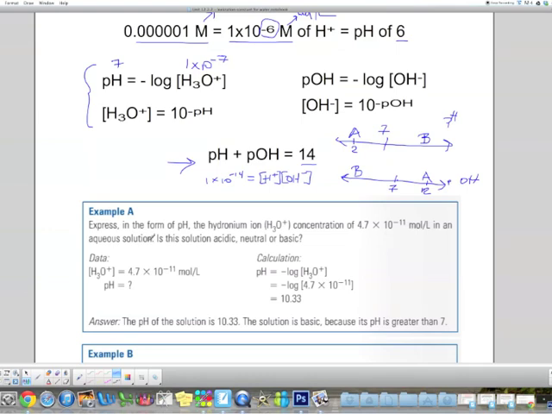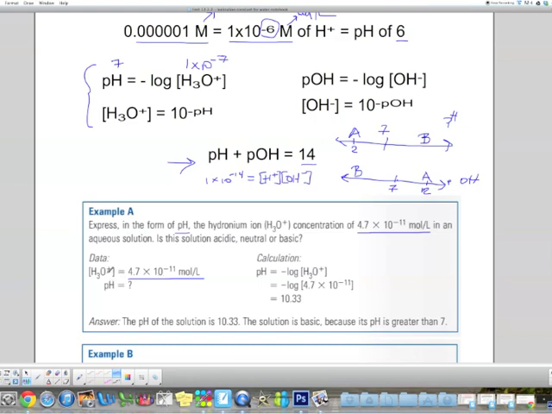Okay, so example A. Express in the form of pH the hydronium ion, H3O plus, concentration of this concentration in an aqueous solution. Is this acidic, neutral, or basic? So they're giving you the concentration of H3O plus, which they recopied over here, and they're asking you what is the pH.